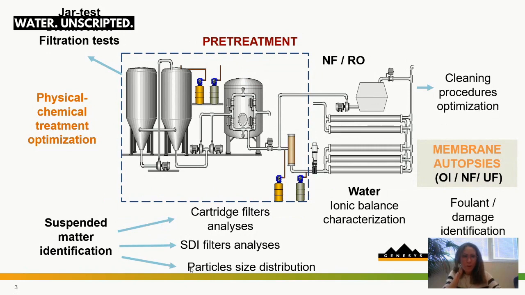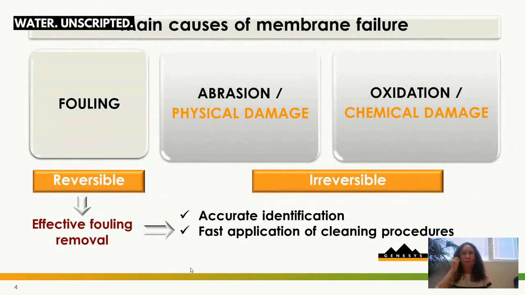So membrane autopsies will give the cause of the failure. It is a very important tool to understand why membranes are not working properly, okay? After many autopsies, for us, the main causes of membrane failure are, here we are showing 3, but they are actually 2. One is damage, and the other is fouling or foulant.